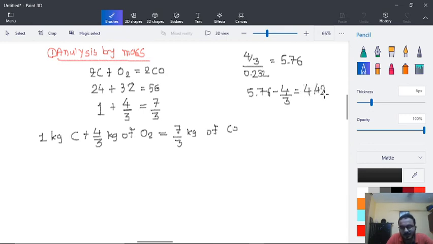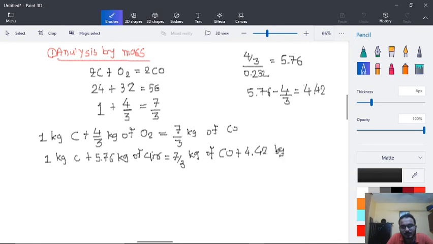So we can write this equation now: 1 kg of C plus 5.76 kg of air is equal to 7 by 3 kg of CO plus 4.42 kg of N2.